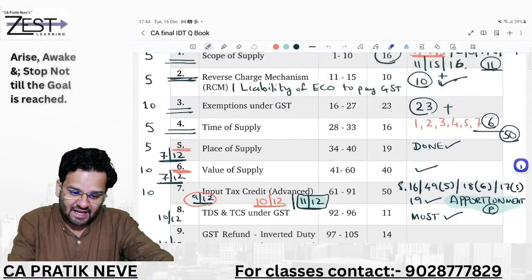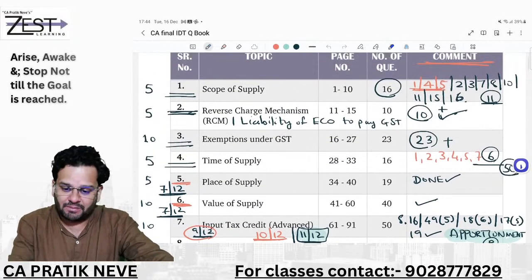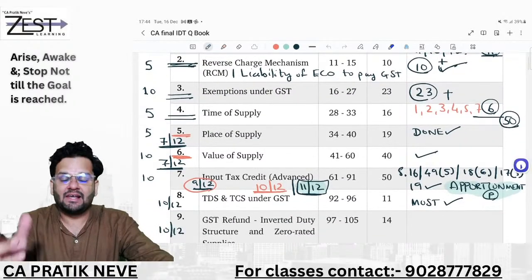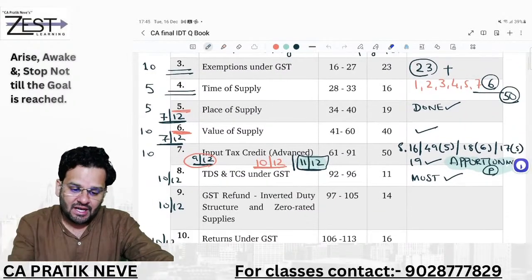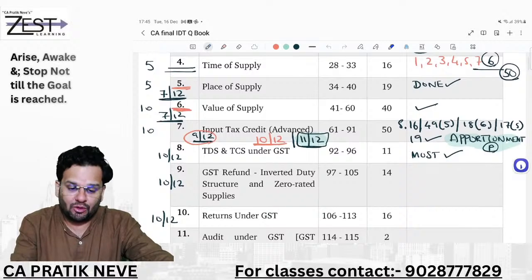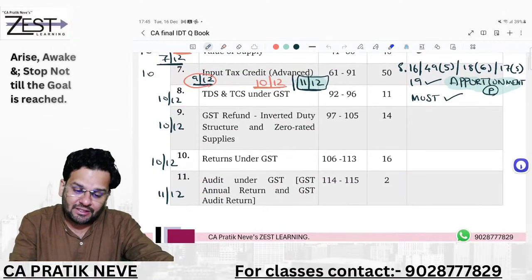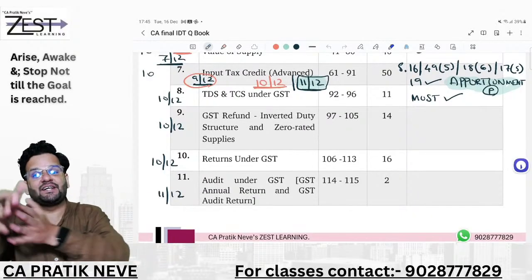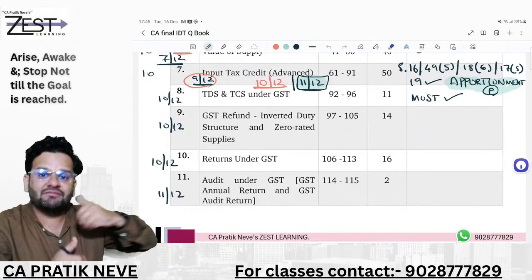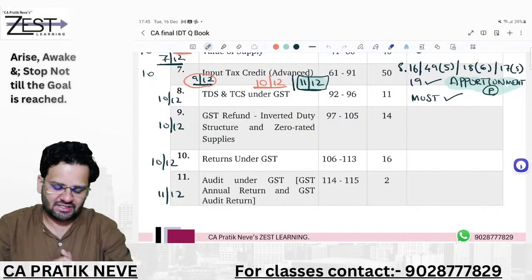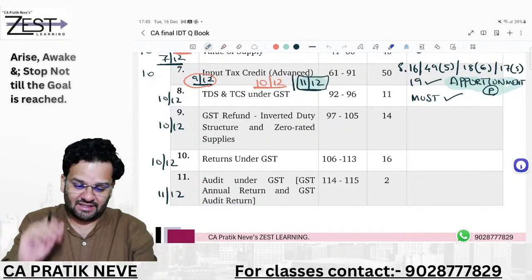So friends, we have done scope of supply, RCM, liability of ECO to pay GST, exemptions under GST, time of supply, place of supply, value of supply, ITC, and many questions of ITC we have done and many we will be doing in the coming sessions. Apart from that, TDS, TCS.